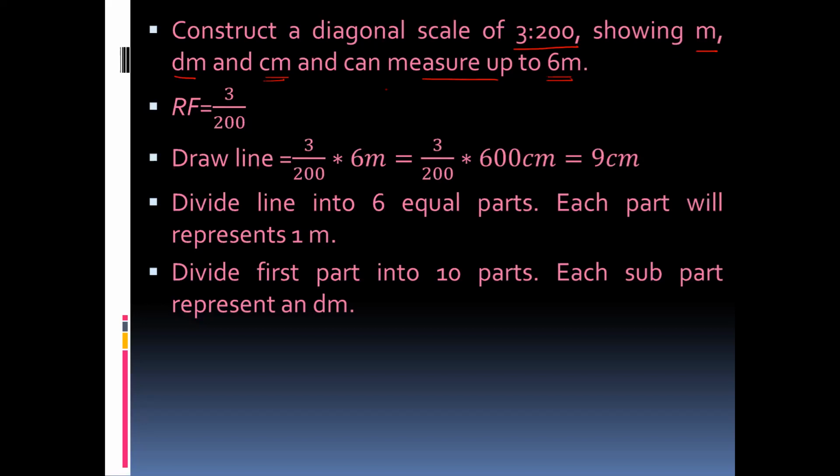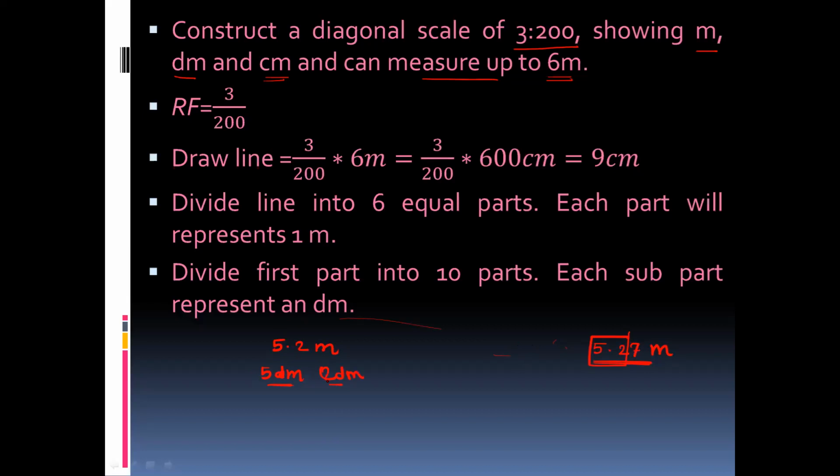Okay, so that means if the condition is that you want to measure 5.27 meter, by using a plane scale you can only measure 5.2. Okay, you cannot measure 5.27 meter. Because 5.2 meter represents 5 meter and 2 decimeter.